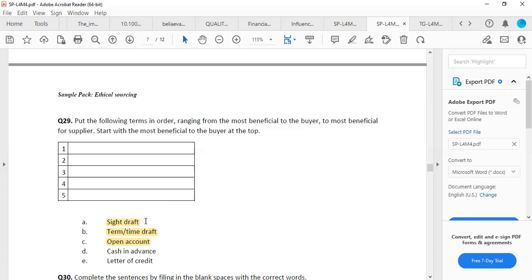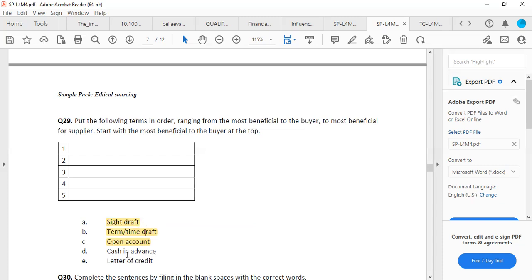So we can look at site draft. As you see the product, then you pay. Once you see the goods, now you have to make payment. So you can see that it is the least beneficial to the buyer.